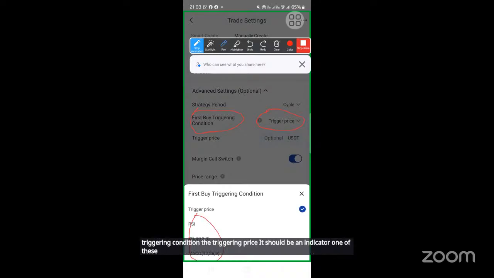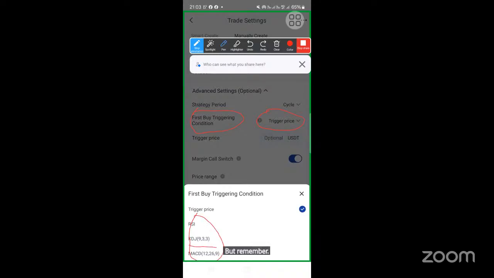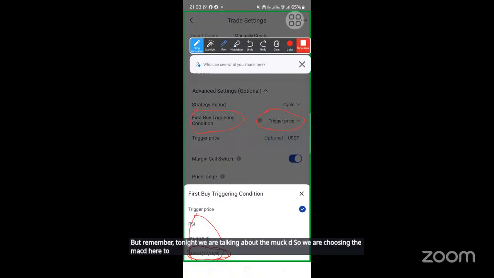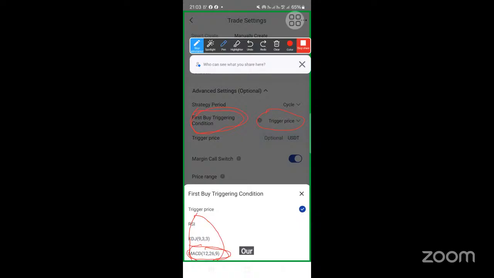But remember, tonight we are talking about the MACD. So we are choosing the MACD here to be a tool that can be used by the robot to do our first buy-in entry in the market. Yes, let the MACD trigger our first buy-in entry in the market.